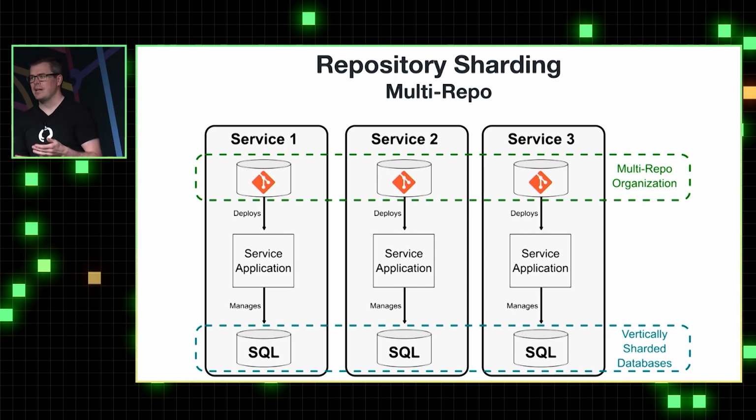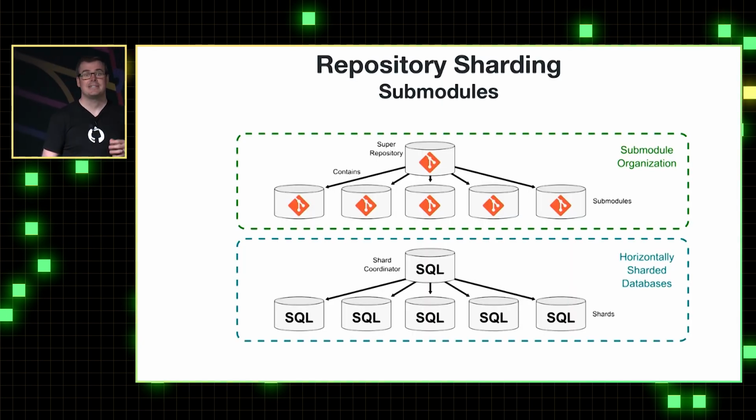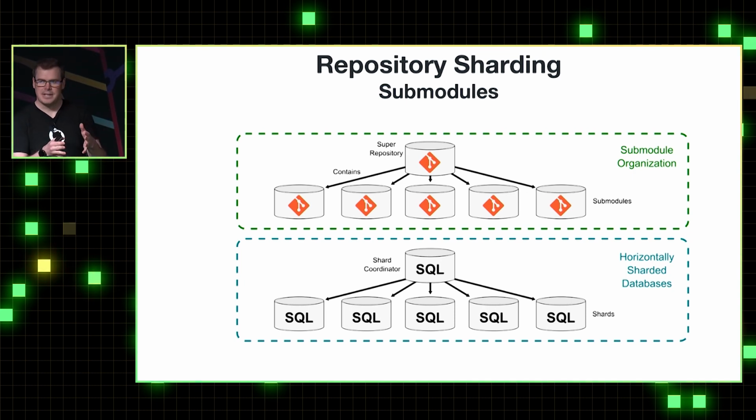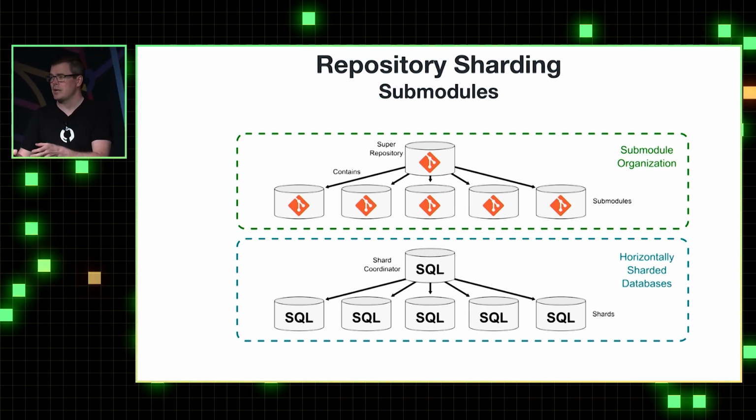So this brings us to our next sharding strategy, which is horizontally sharded repositories, which I think the equivalent is to use submodules. A horizontally sharded database takes the same kind of data and spreads it across multiple database nodes, but then uses a shard coordinator to take queries and make sure they run on the correct shards based on some shard key. So in the Git case with submodules, we have that super project, and it's got its Git links into all the submodules.